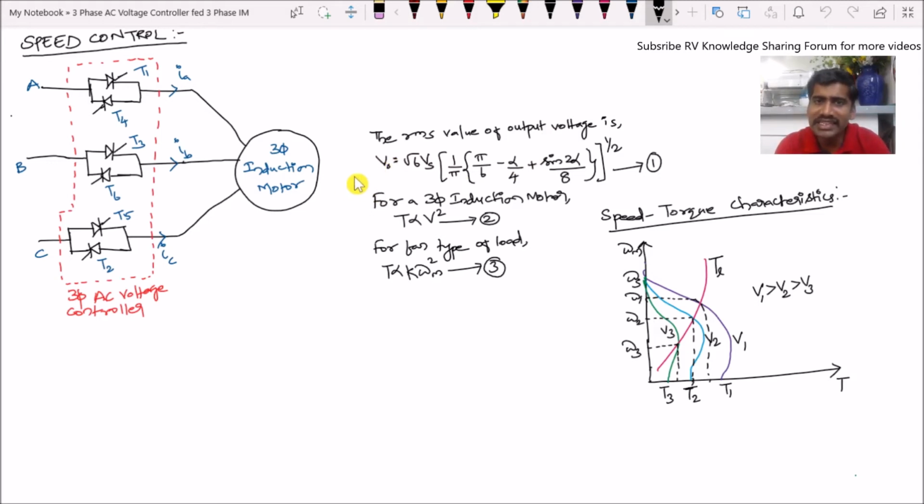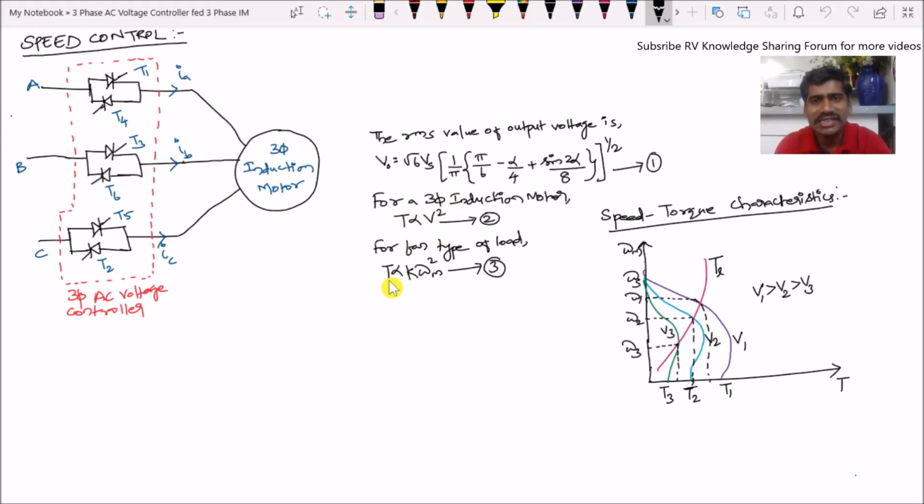This changed voltage is fed to the stator input of the induction motor, so the stator input voltage V changes, and then torque also changes.